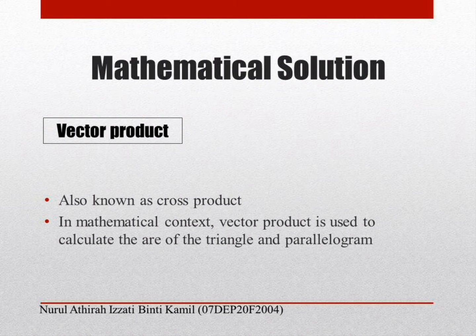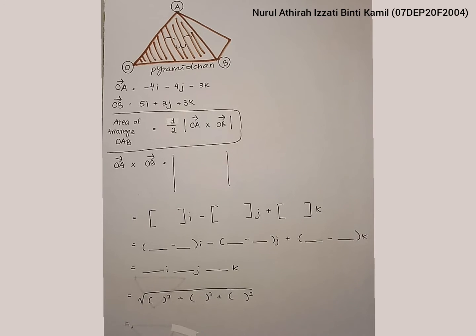In mathematical context, vector product is used to calculate the area of triangle and parallelogram. That's why we apply this in architecture, like find the area of the pyramid. So this is the example of vector product that is applied in architecture, like finding the area of the pyramid.